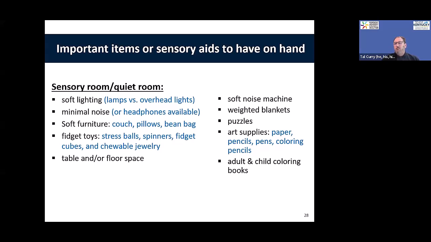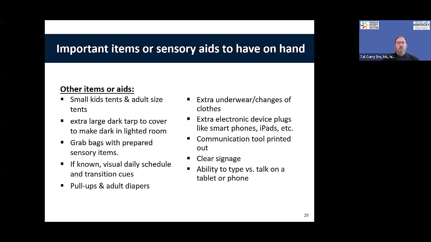Adult or child coloring books are also things that can be helpful for autistics to help with some of their sensory issues and to help them stim or allow them to also pay attention and focus on what you are trying to work with them on. Other things to just think about, and oftentimes I talk to people about, is even if you don't have a lot of space in a classroom, a small kids' tent: if you cover it with a large dark tarp, make that more of a dark space.